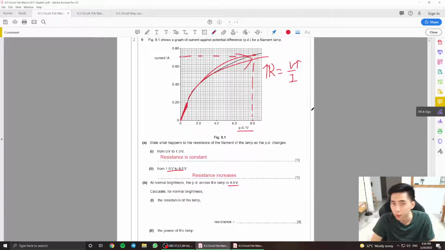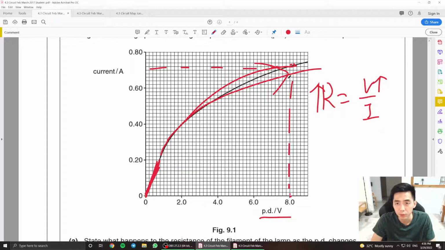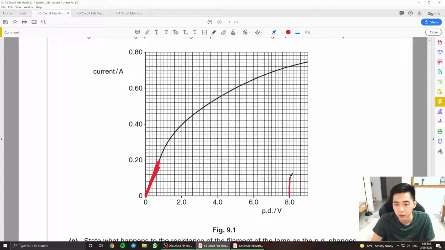You should find that the current is somewhere around, 0.6, 0.62, 0.64, 0.66, 0.68, 0.7, then 0.72 amperes.